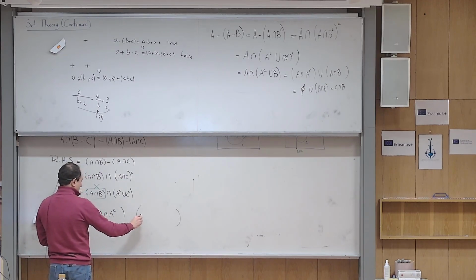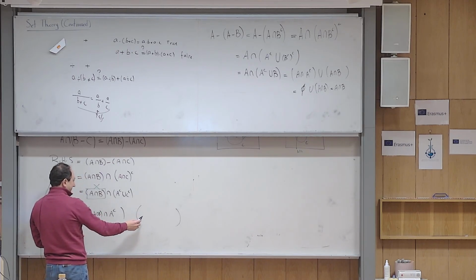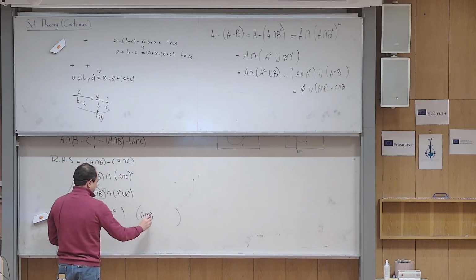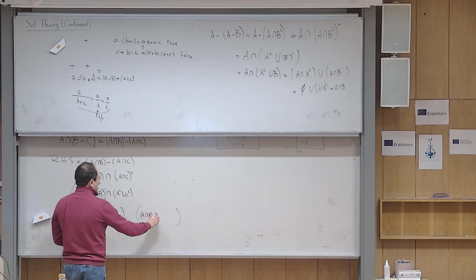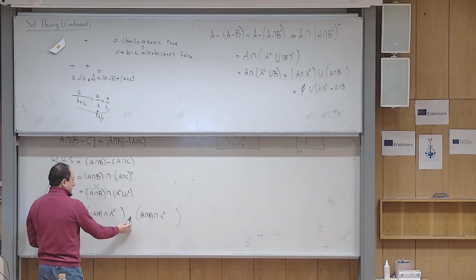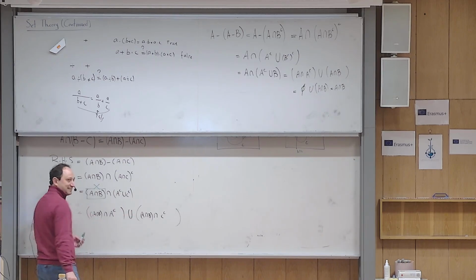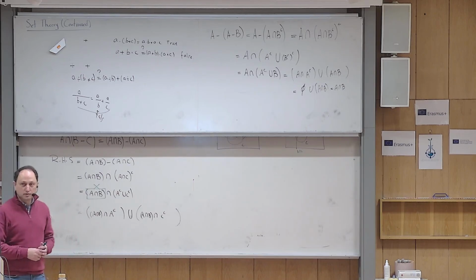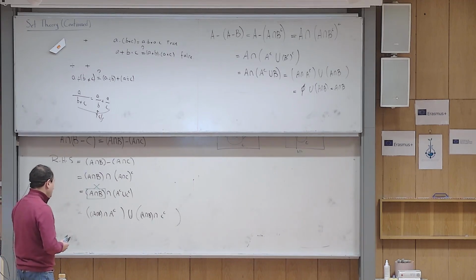And B, well, don't get confused. A intersect B, yes? And intersect C complement. Exactly. And then? Intersect, union. Yes? Is that right? Yes or no? Okay.